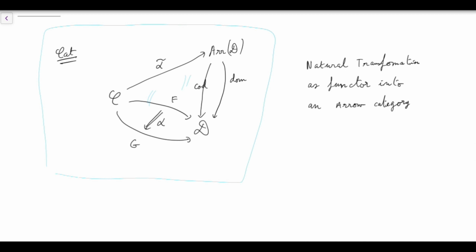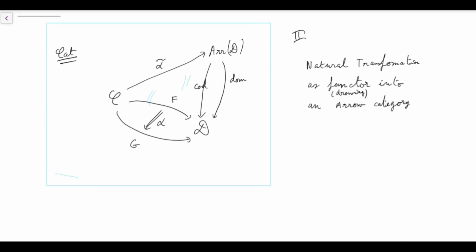But the added value here, in a way, is that we have a good understanding of what a functor is. It's just really a drawing, and we've reduced this complex notion of a natural transformation into just a drawing, and we've done so by constructing this category ROD, which packs a lot of power, and we've been able to abstract some of the essential mechanics of a natural transformation into this category.